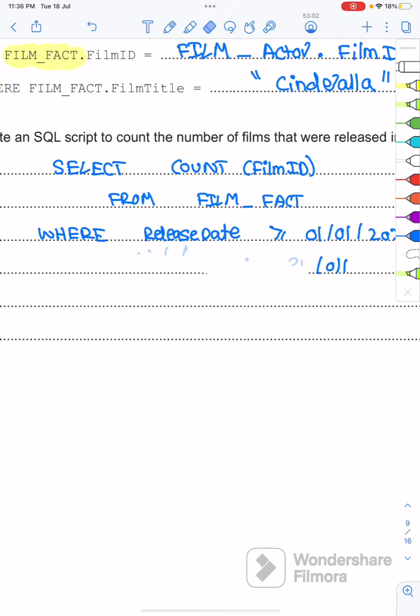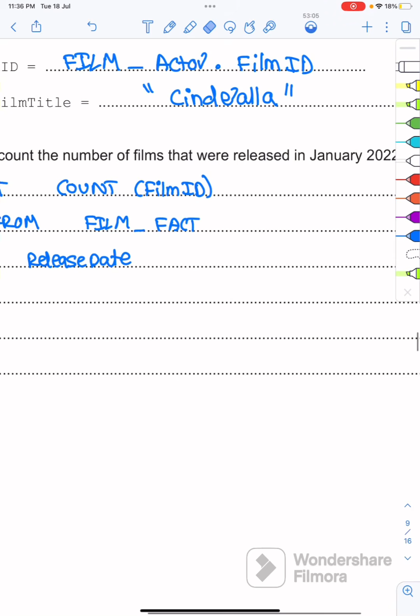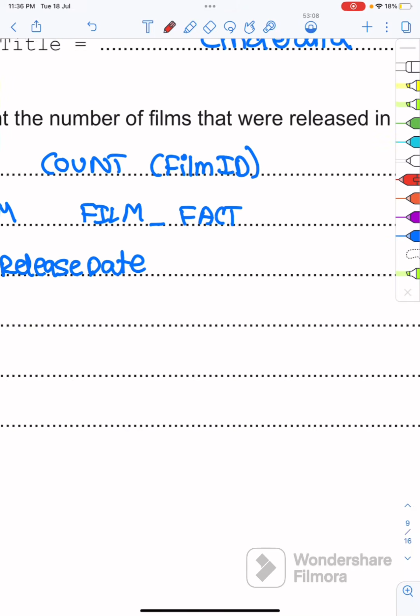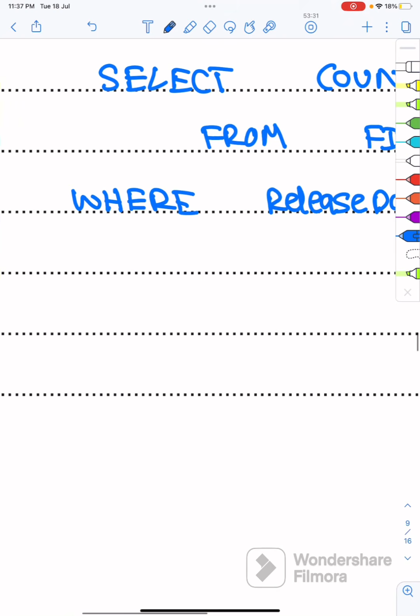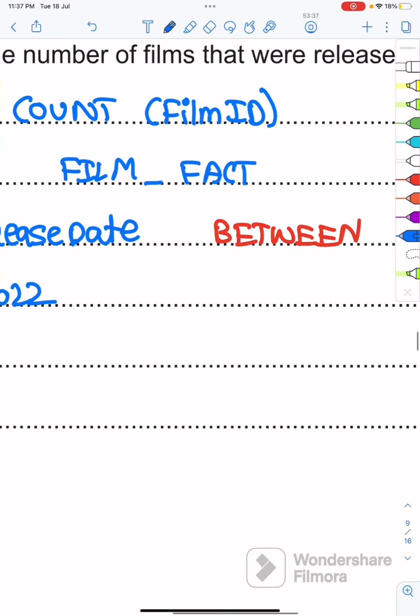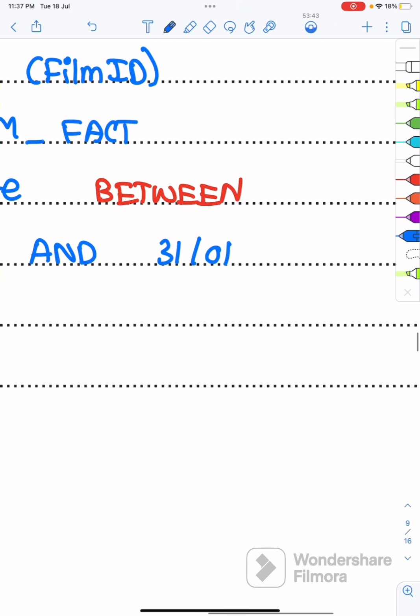You can do it like that, but a more efficient way would be where release date, and I'm going to use red to highlight this, is between 01/01/2022 and 31/01/2022.